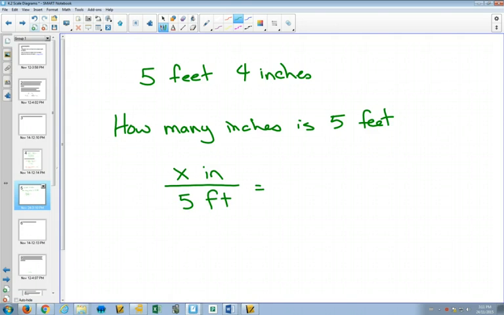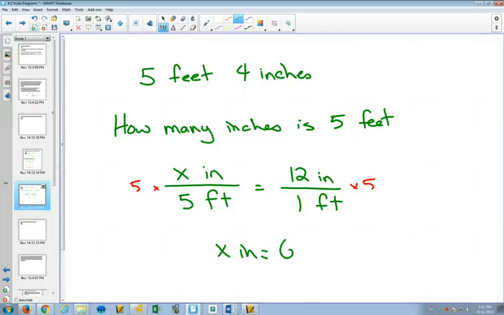Do you know how many inches are in a foot? 12. So for setting up our proportion, we have inches on the top, so 12 inches is equal to 1 foot. What would we have to do here to get x by itself? Multiply both sides by 5. And 12 times 5 is 60 inches.